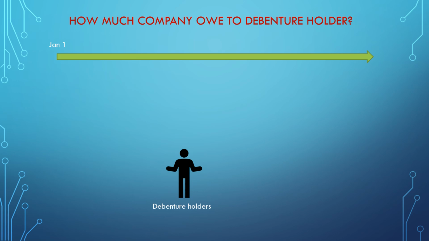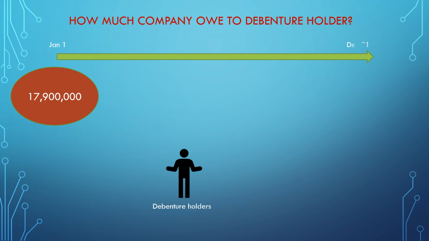So on 1st January, when we issued, we recognize the value of the debenture as 17,900,000. That is the first calculation: the nominal value multiplied with the discount rate, and then we deduct the transaction cost. So we have that 17,900,000.